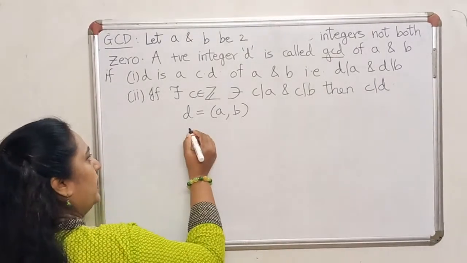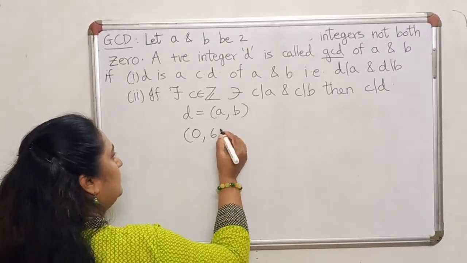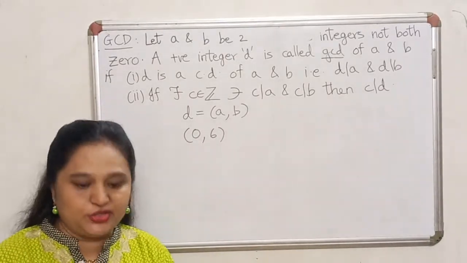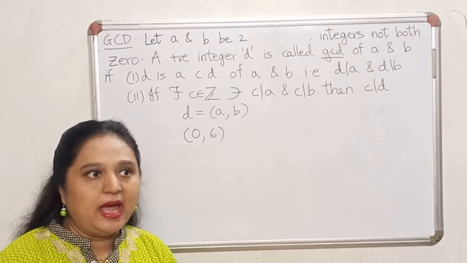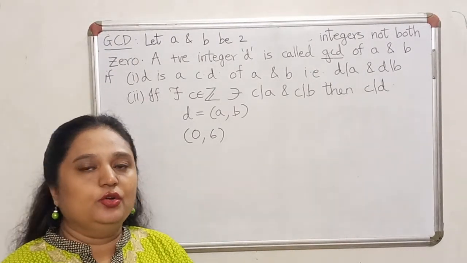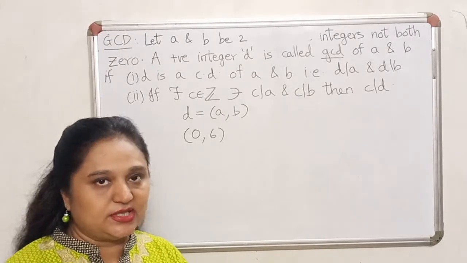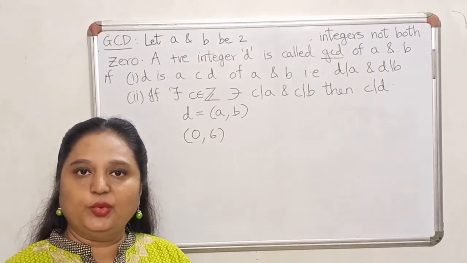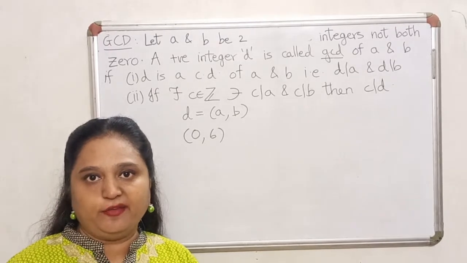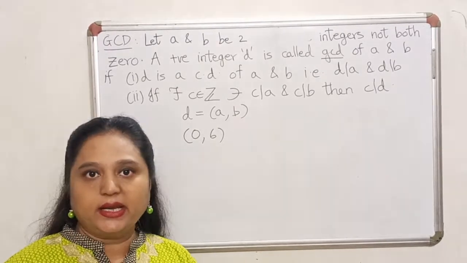I'll give you an example. Let's take one integer to be 0, and the other to be 6, and it will be a good exercise for you to try and find out what the GCD is. A simple method would be, remember the technique that I used to explain the GCD of 24 and 36 in the earlier lecture.